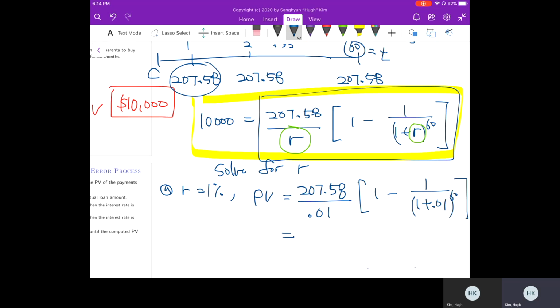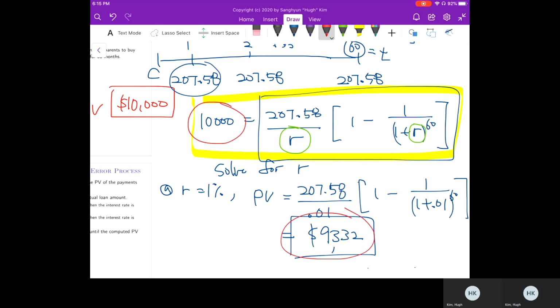I compute this present value at 1%, and then I get $93.32. Then I compare this to what the present value should be, which is $10,000.